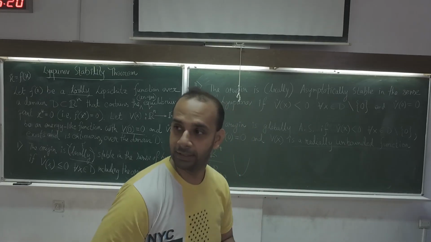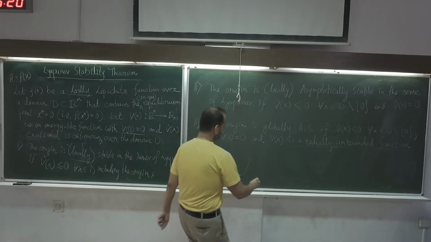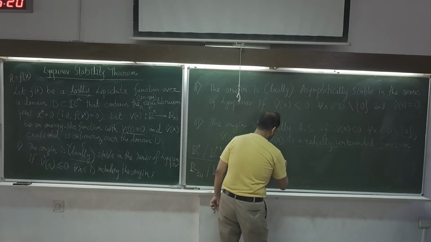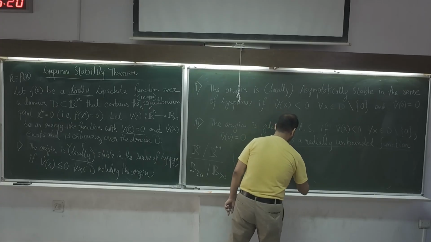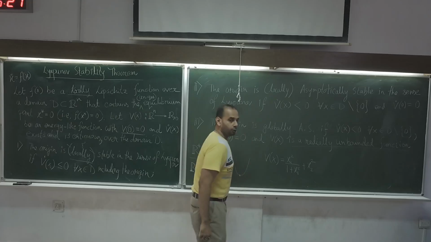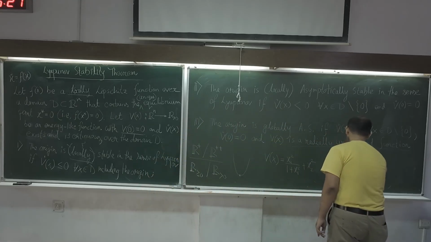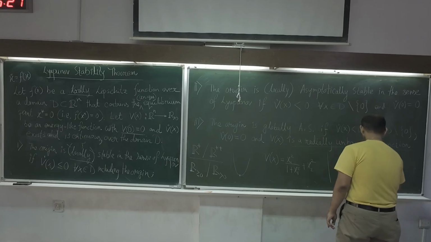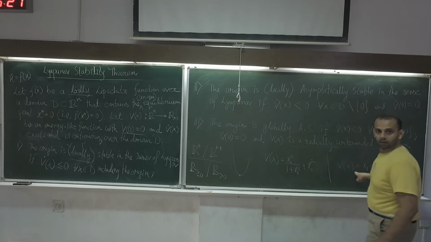They have taken an example, V of x equals x1 square divided by 1 plus x1 square plus x2 square. You please compare this V function with this. Okay?